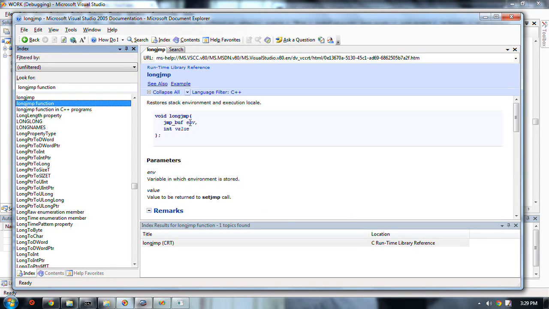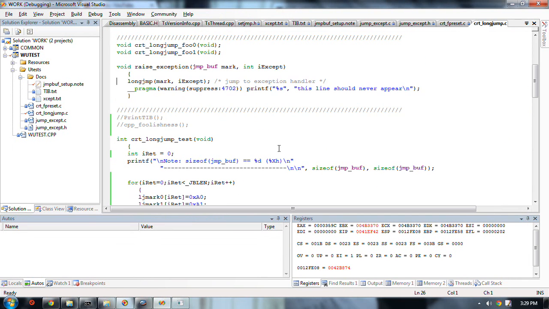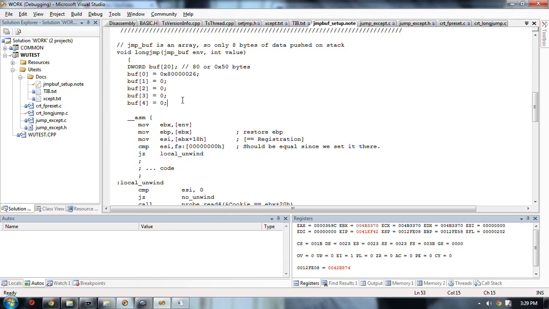They call this env for environment, so I use the same terminology. Okay, so into bx goes env, and then into bp is the first thing in env, which is from our struct.